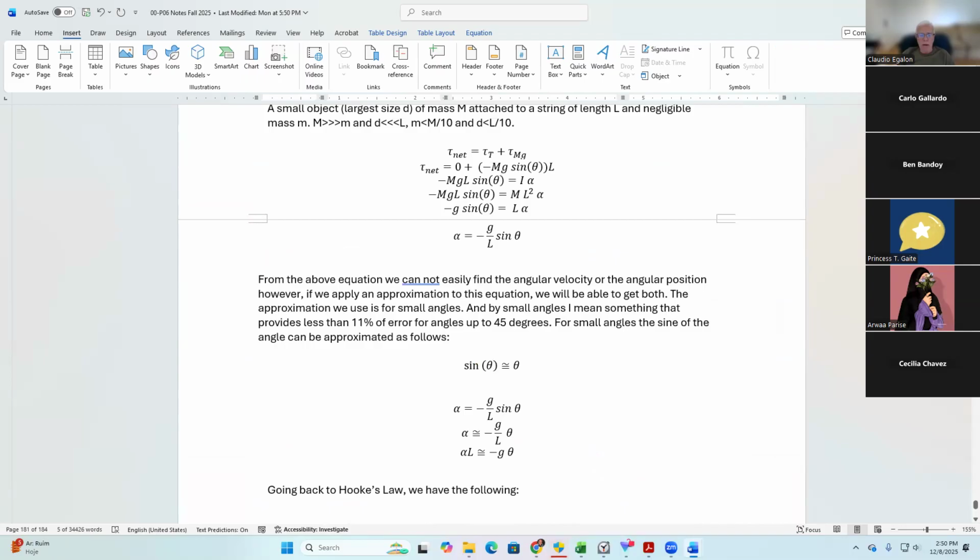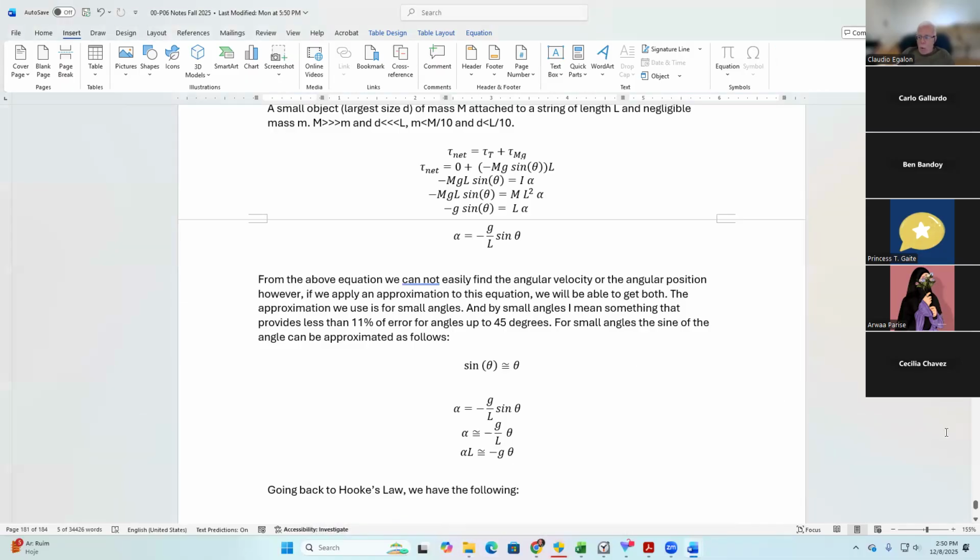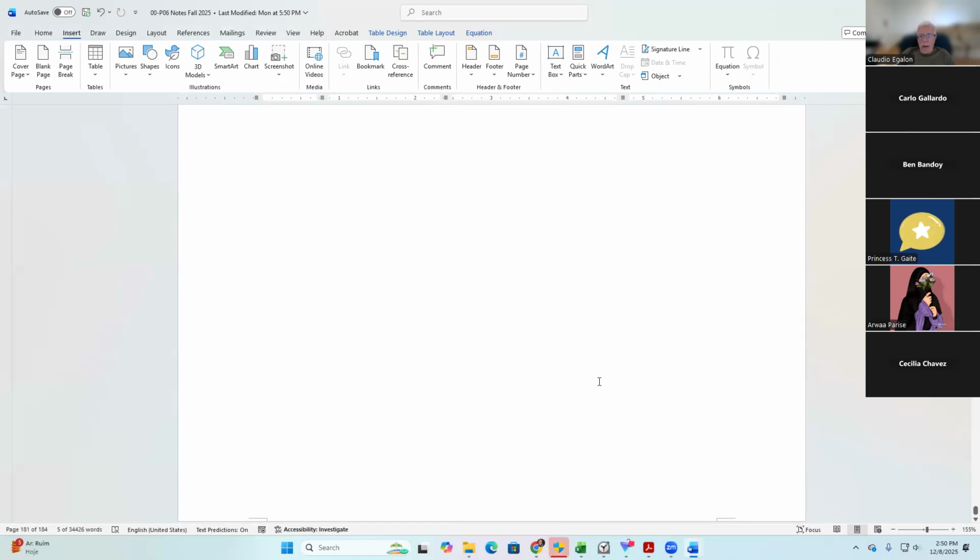And it's a rather similar derivation. The derivation for the physical pendulum is very similar to that of the simple pendulum. But first you have to know what the physical pendulum is all about, right?